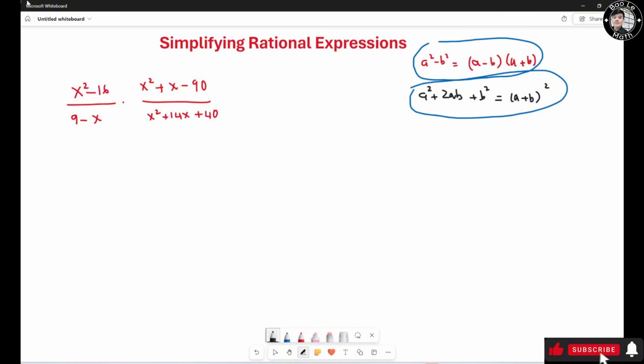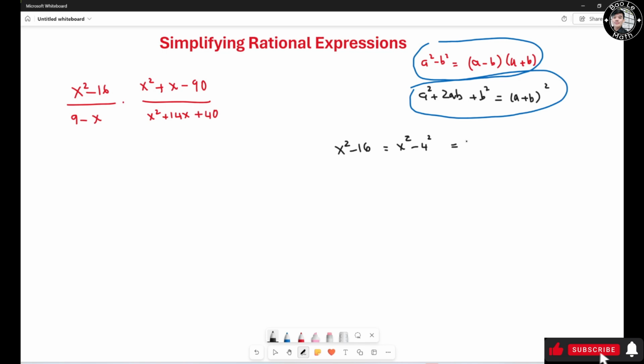So we need to simplify this one. First, we need to factor the numerator and denominator. So the numerator right here, s squared minus 16, can be written as s squared minus 4 squared, right? And then I'm going to apply the formula right here, the difference of two squares.